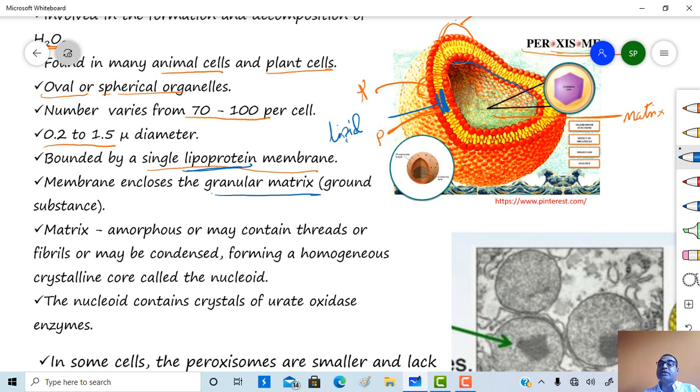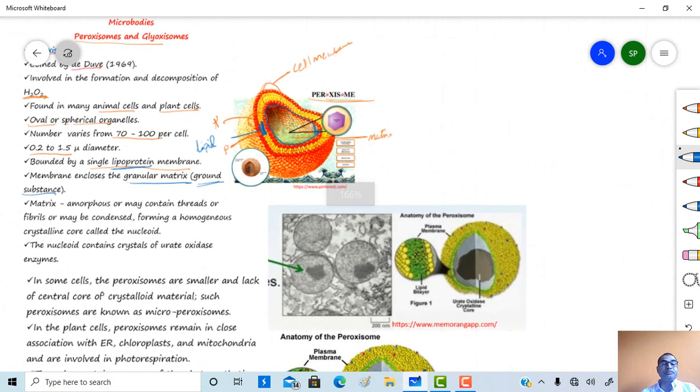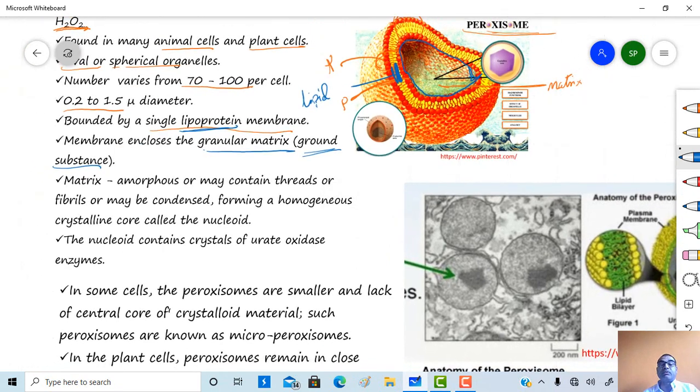This is the region of the matrix, which is generally considered as a ground substance. This matrix is composed of amorphous material, or may contain threads or fibrils, or may condense, forming a homogeneous crystalline core, which is generally called a nucleoid.